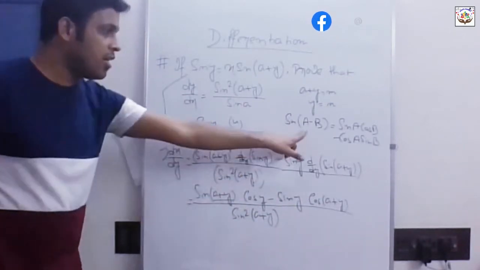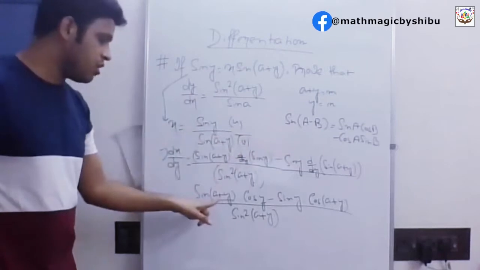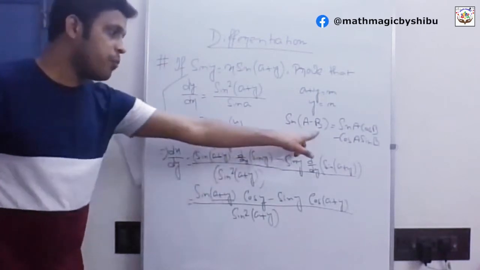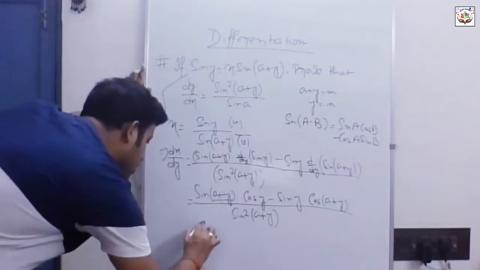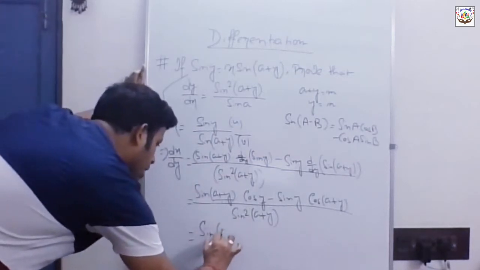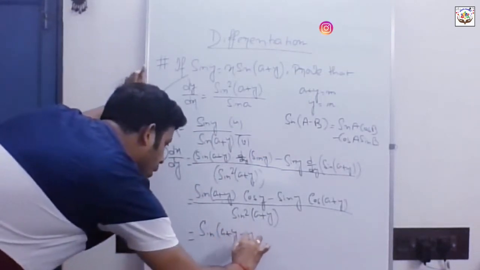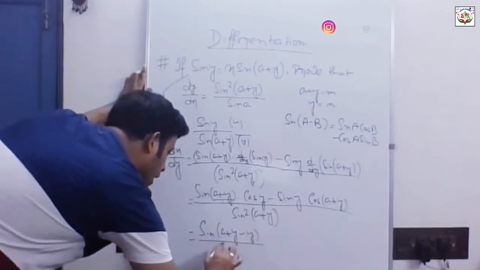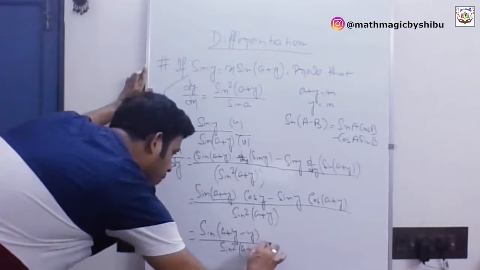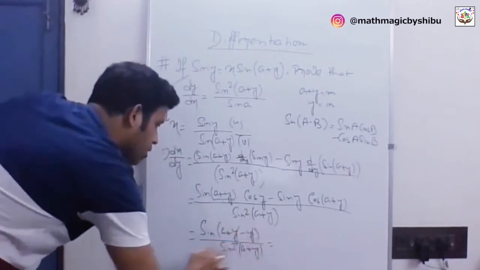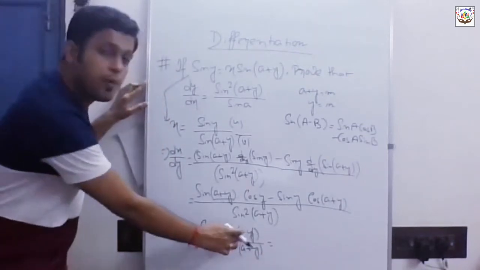So what is my capital A angle? It is a plus y, and what is my B angle? It is y. So can I write this as sin(a plus y minus y) divided by sin square (a plus y)? We can easily cancel out plus y and minus y.